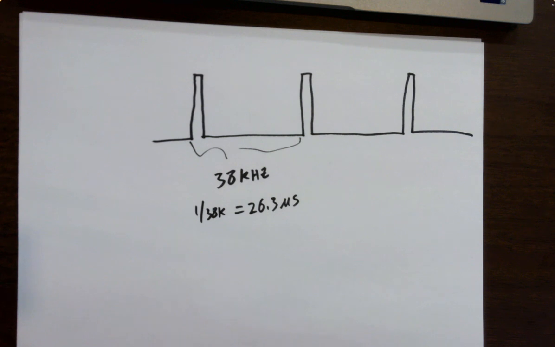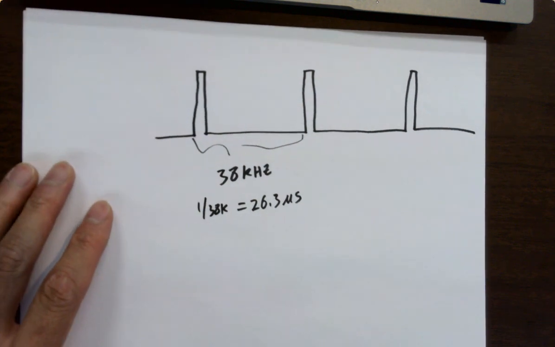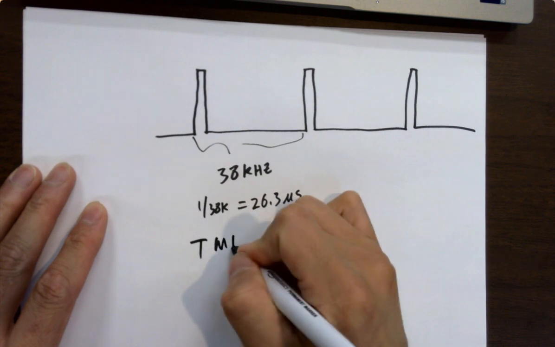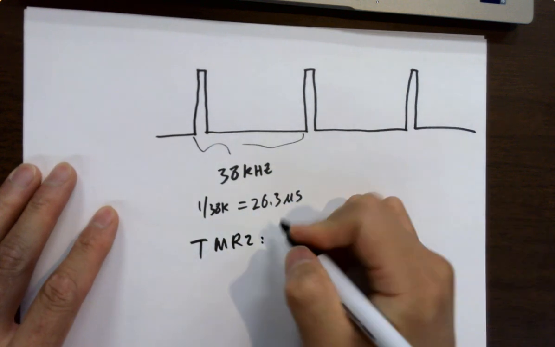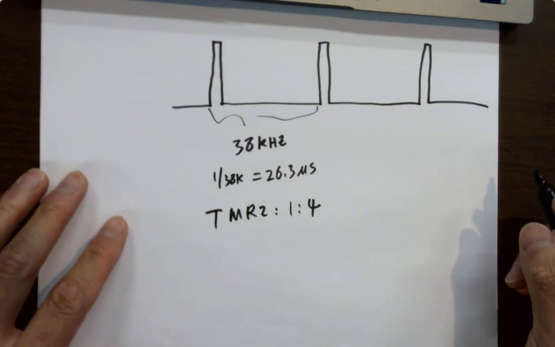PR2 is part of timer 2, because that's how timer 2's flag gets set: it's comparing to PR2. Good. All right, let's do a calculation, and keep in mind that the timer 2 prescaler we use in the lab is 124.